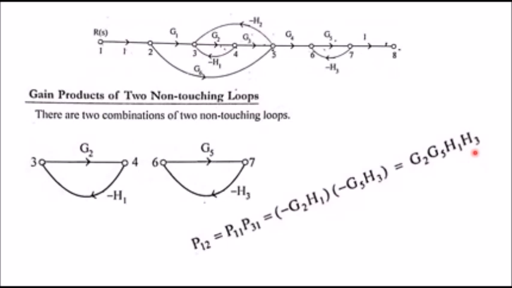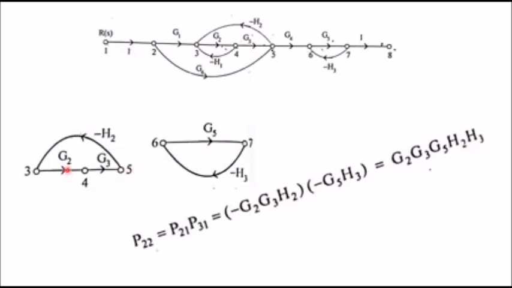Another is also possible, this one and this one. It is P22, which is equal to P21 into P31, and gives rise to G2 G3 G5 H2 H3. Clear? So we have found the two forward paths, three individual loops, and two pairs of two non-touching loops.